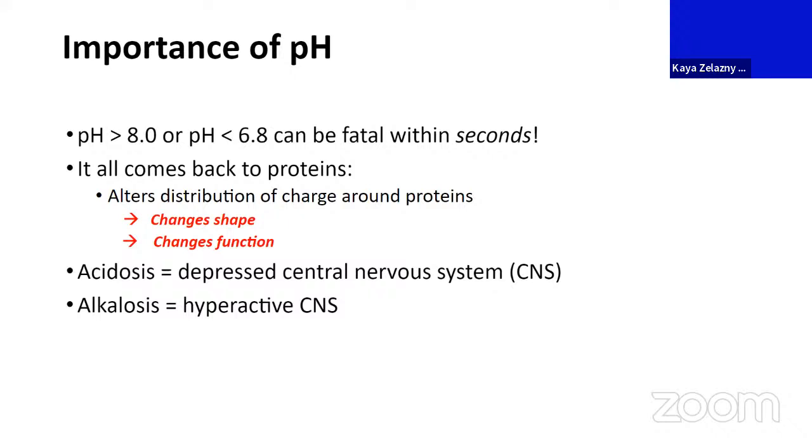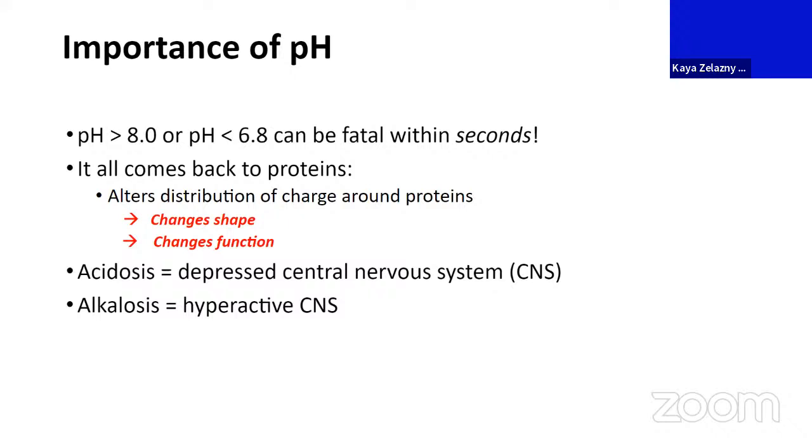In terms of what you would expect to see in a patient in these different conditions: if you have acidosis, your pH is a little too acidic, but you're not at the fatal-within-seconds point. We've got a little bit of wiggle room between 7.35 and 6.8. What you're going to end up seeing is a depressed central nervous system, so we're messing with their action potentials.